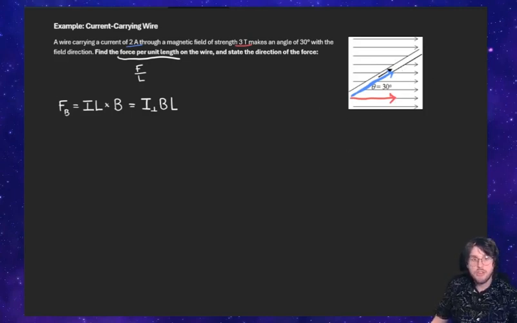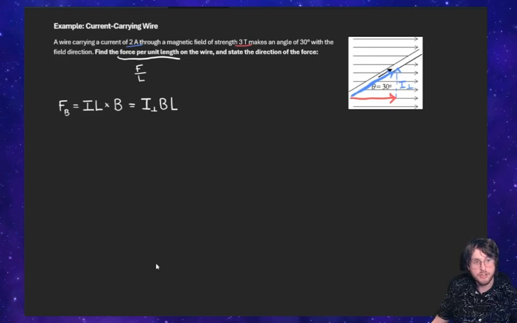In this case, we need to identify the part of the current that's perpendicular to the magnetic field. It seems like here we just need to isolate the part of this current that's traveling up away from the magnetic field, like so. That is going to be our I perpendicular. It's that component in particular that we need to find and multiply with our magnetic field strength. That's what gives us the cross product.